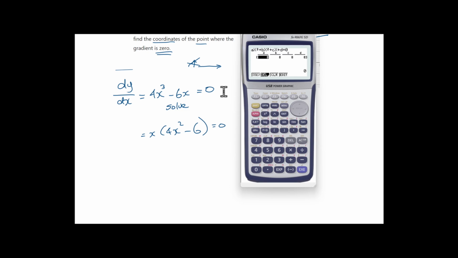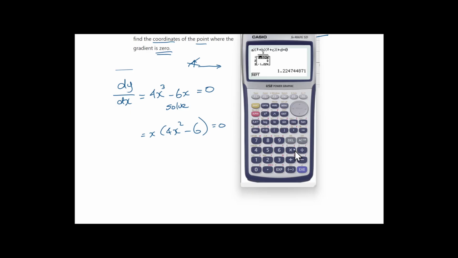It's a degree 3 because it's 4x cubed. So then it's 4x cubed and then plus 0x squared minus 6, and the d is also 0. There is no constant.